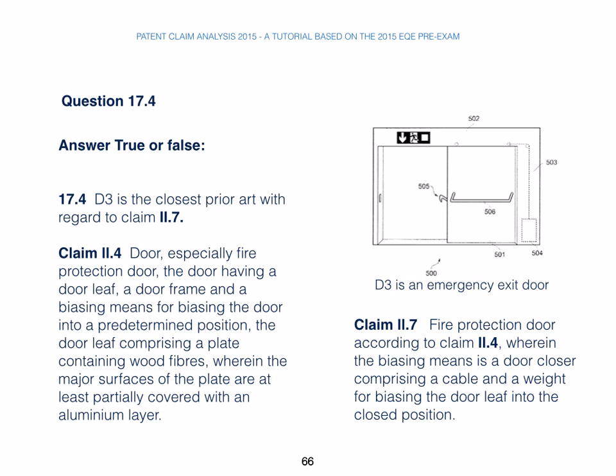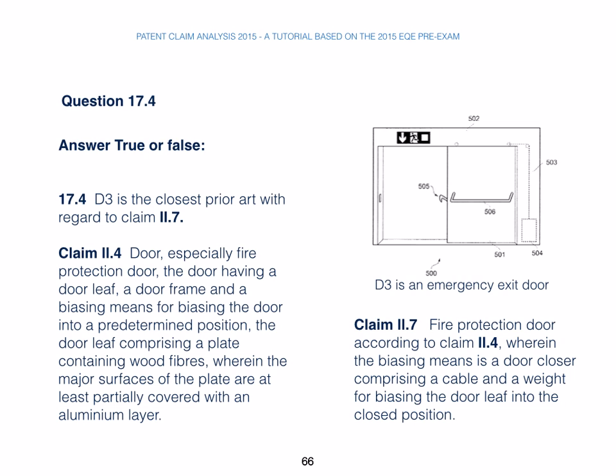And 2.7 is fire protection door according to claim 2.4, wherein the biasing means is a door closer comprising a cable and a weight for biasing the door leaf into the closed position. And we have to determine whether D3 is the closest prior art for this particular claim.